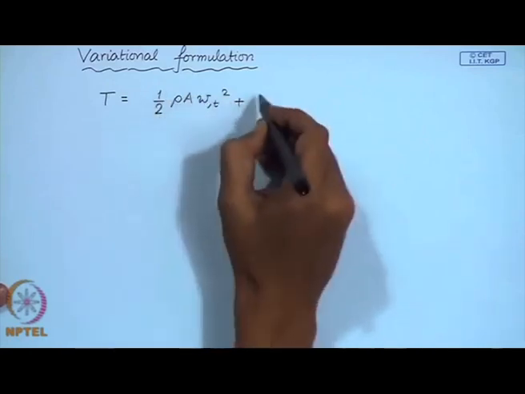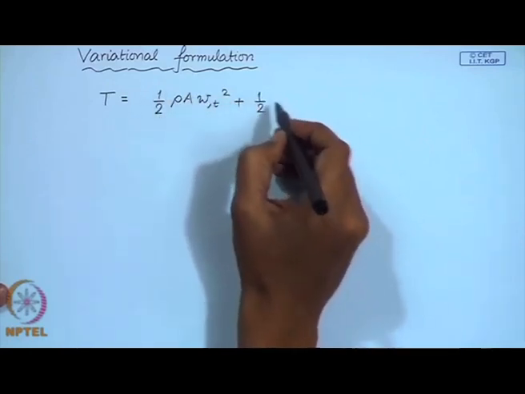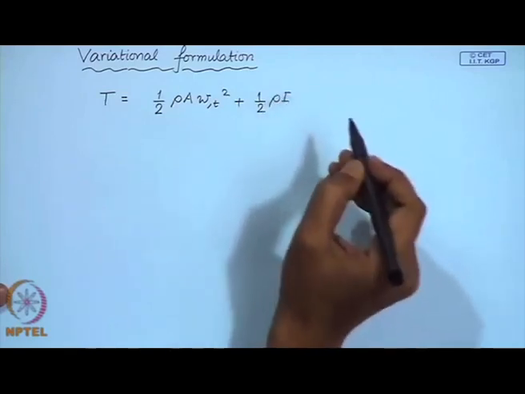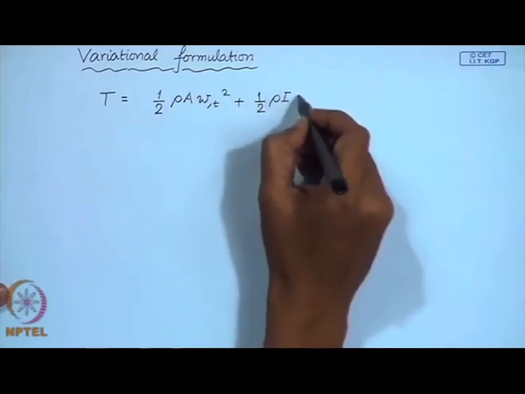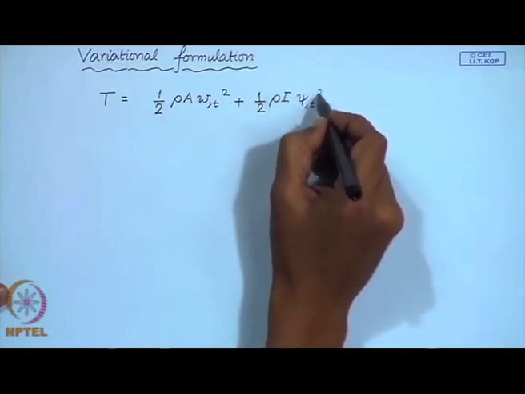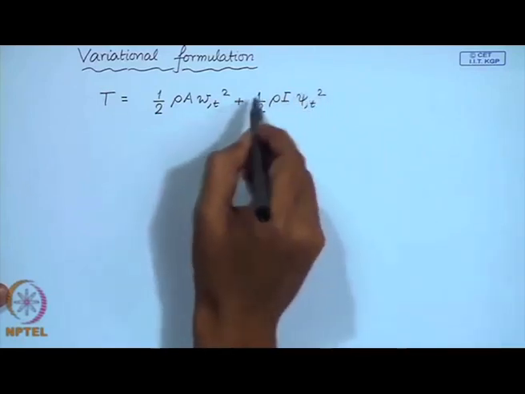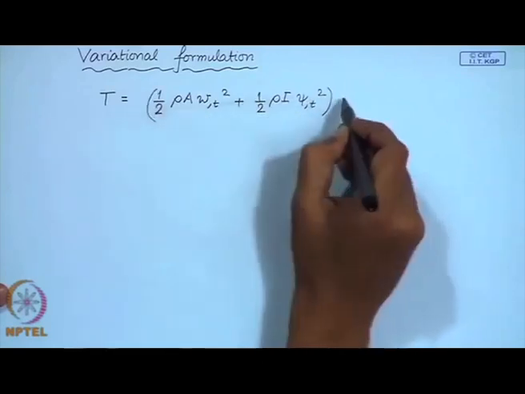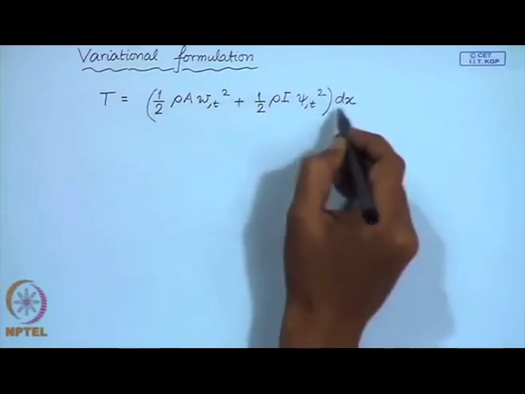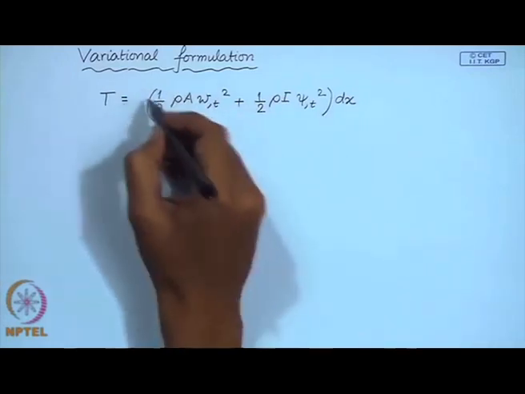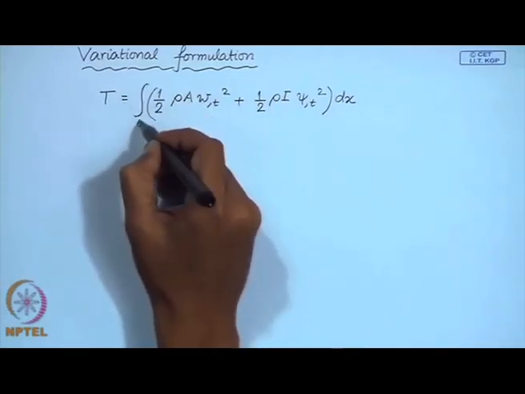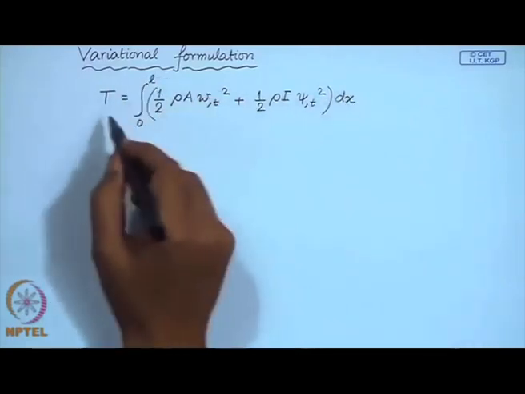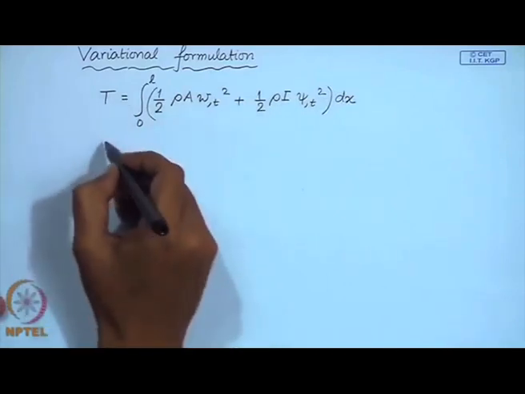This is the translational kinetic energy, plus 1/2 rho I, the moment of inertia per unit length, times the angular velocity square. This is kinetic energy per unit length, so multiplied by a small length of the beam and integrating over the length of the beam will give us the total kinetic energy of the beam.